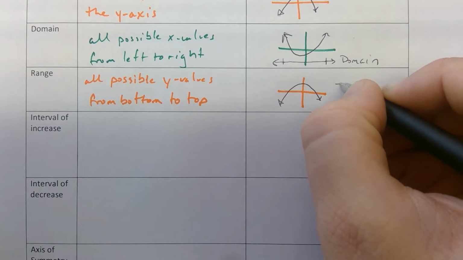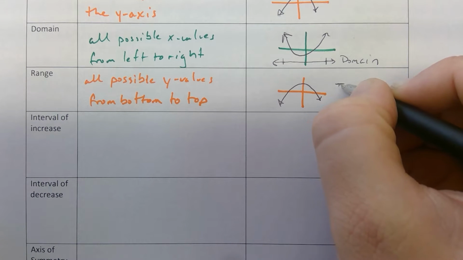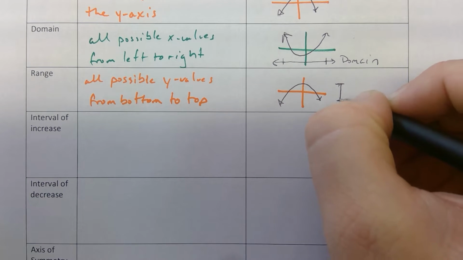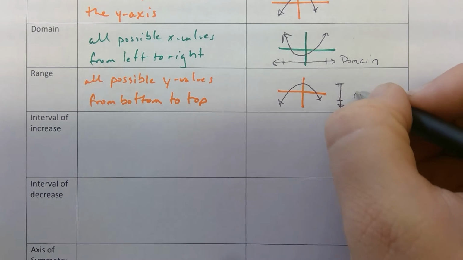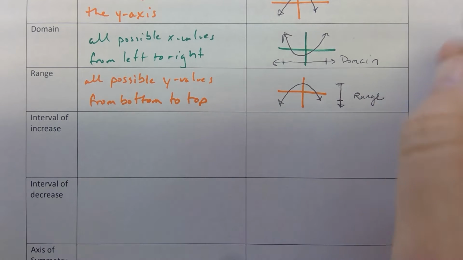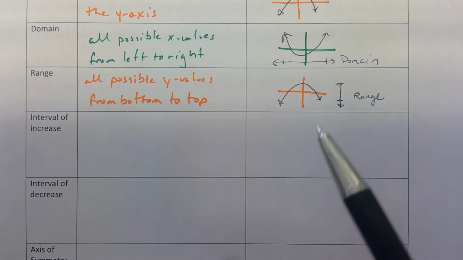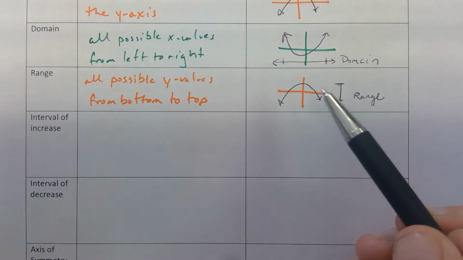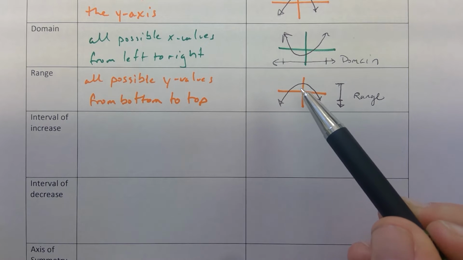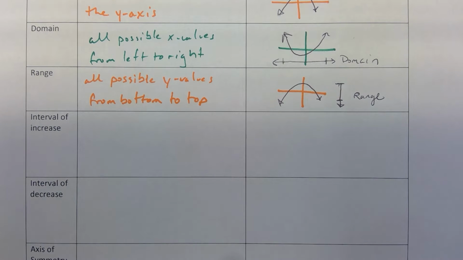So we've got the top of our curve going down. We've got arrows, so I'm going to go down there, and there's my range. Now we'll talk about notation in a few minutes, but we want to make sure we know what to look for on our graph. Notice how in the top of my range, I just have a solid line because it only peaks there. It doesn't have an arrow going up.